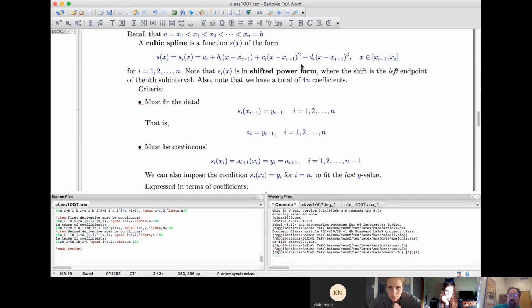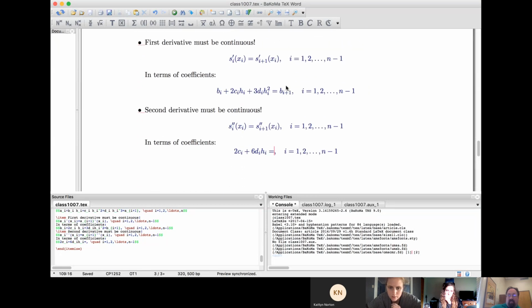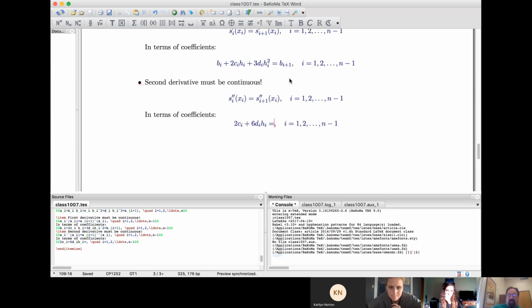Right, and then for first derivative, you do it again. Oh yeah, and then it's just 2ci. Well, yeah, that's what you have over here on the right. What do you have on the right side?